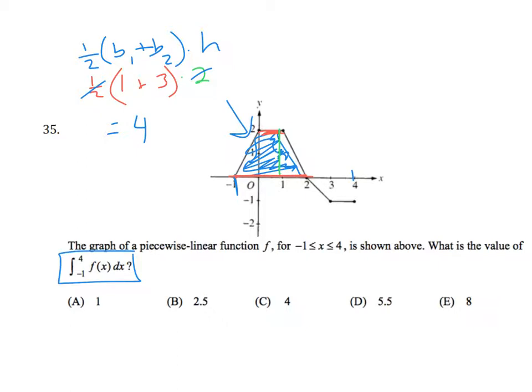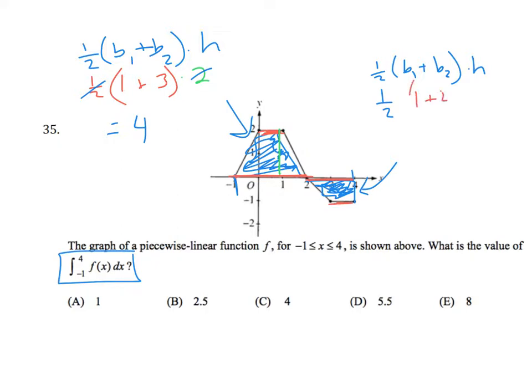Okay, so now let's look at the other piece, this section here, and that actually is another trapezoid. So again, you might split that into a triangle and a square, which would be a good way to do it, but I'm going to treat it as one trapezoid. I find I make fewer mistakes that way. That's just my personal opinion. So again, let's take that formula, 1/2 base 1 plus base 2 times height, and my bases here are 2 and 1.